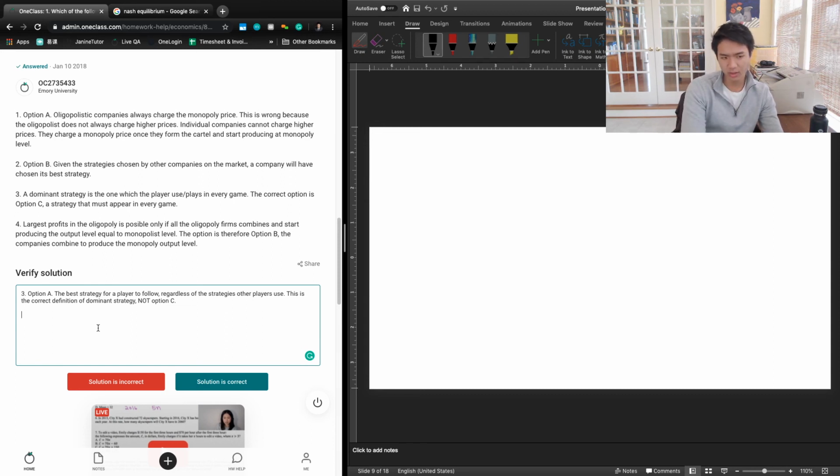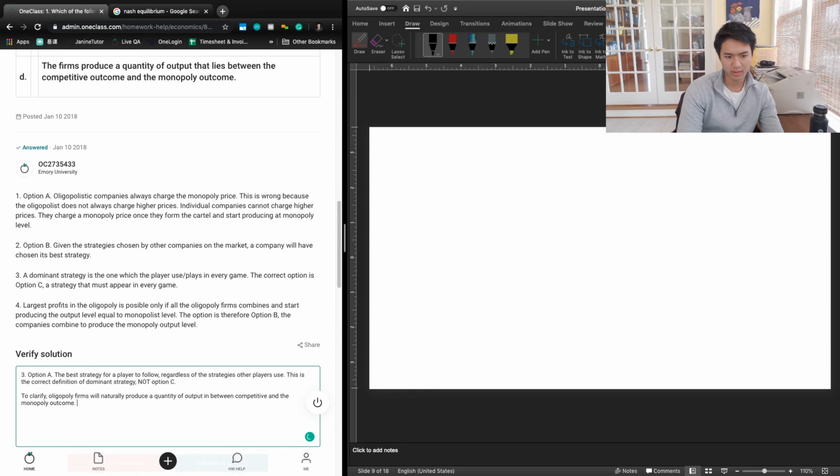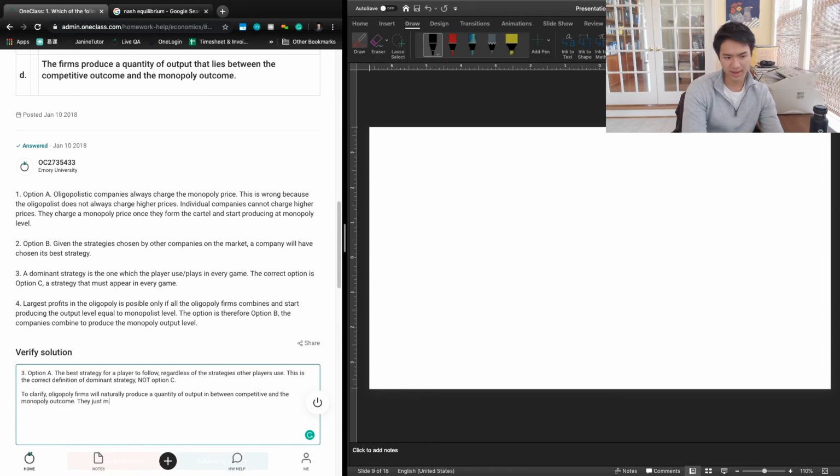So to clarify, oligopoly firms will naturally produce a quantity of output in between competitive and the monopoly outcome. They just maximize their profit if they collude and agree to sell at the monopoly level.